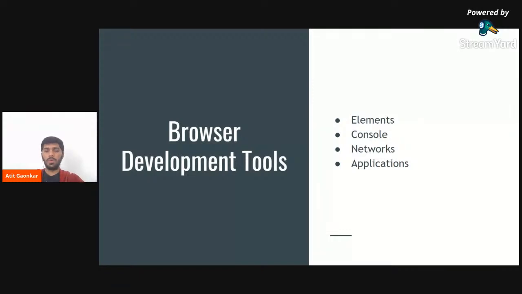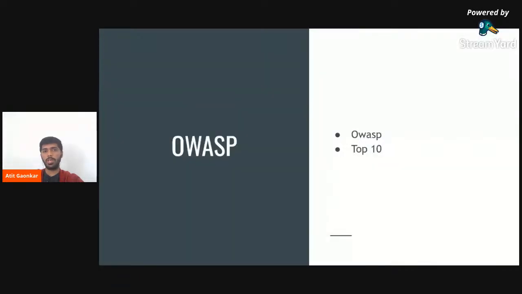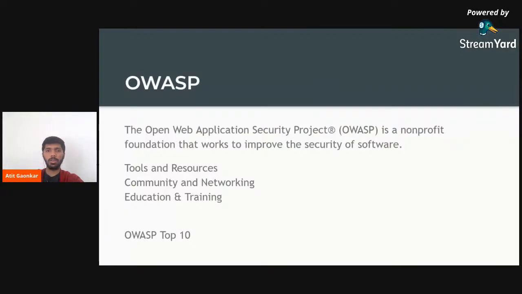Now, we'll keep browser development tools such as Elements, Console, Network, and Application for tomorrow's hands-on also. So we'll go on with OWASP Top 10 and wrap this session up. OWASP is an organization which focuses on open web application security projects.